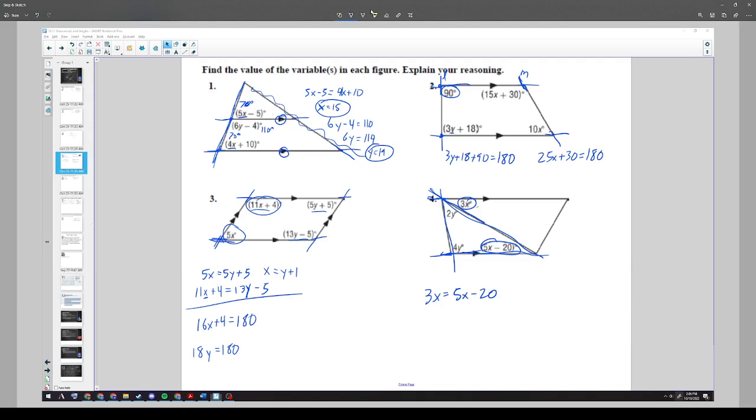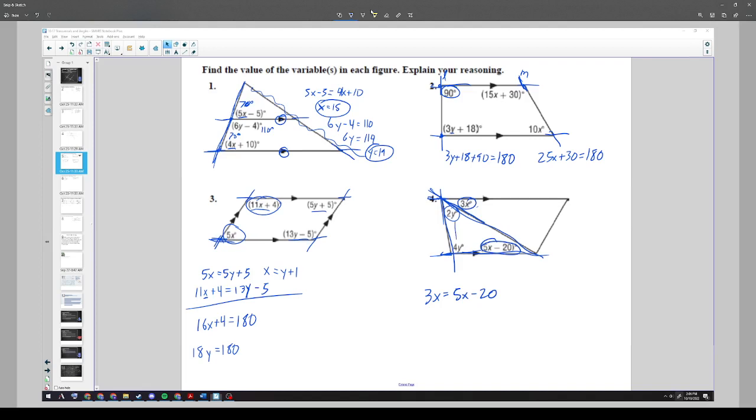Then I look at my y's, and it's slightly different because this 2y is stuck between these two non-parallel lines, meaning that I can't make a relationship between it and the 4y directly. So there's several strategies I see we could use here.